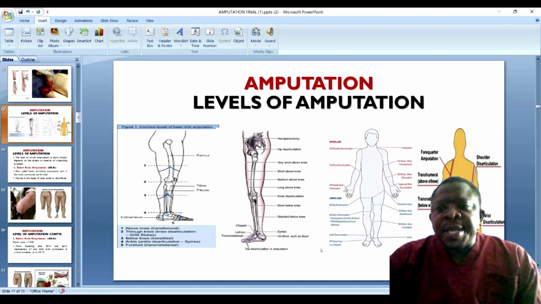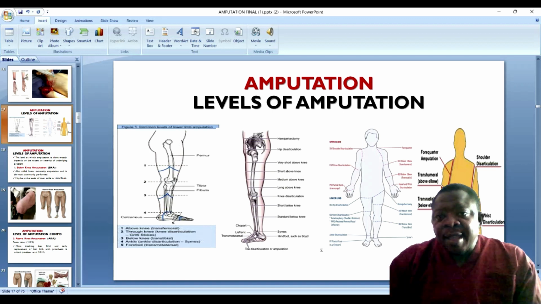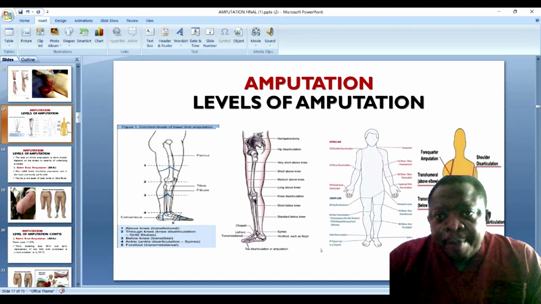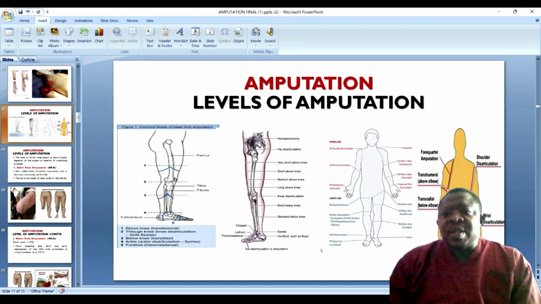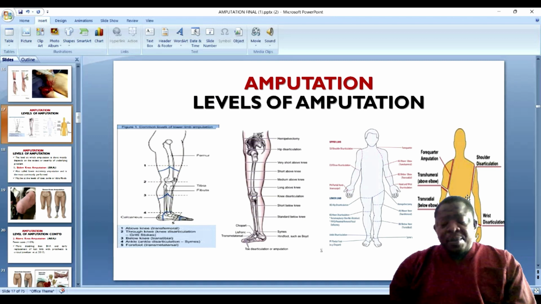But otherwise, these other diagrams are just there to help you with illustration of the whole body, areas where amputation can be done. It can also be upper limb or shoulder disarticulation. All these are levels of amputation.